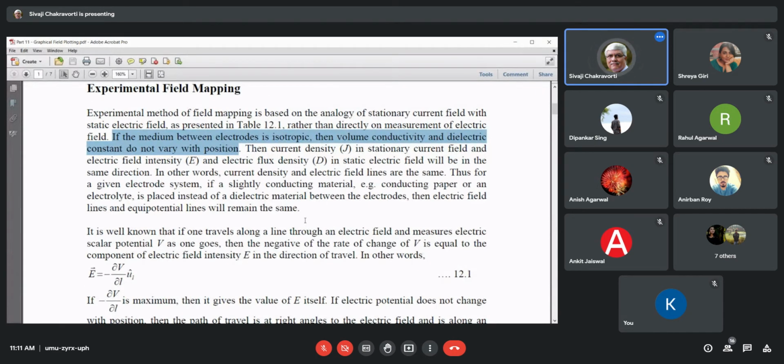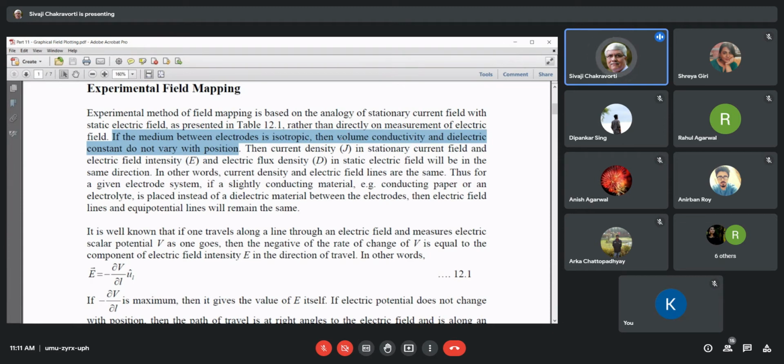Slight correction: when the material property is same everywhere, irrespective of location, it is called homogeneous material. Isotropic material means that anywhere you measure, the material property along x direction, y direction, and z direction will be same. Then you call it isotropic.